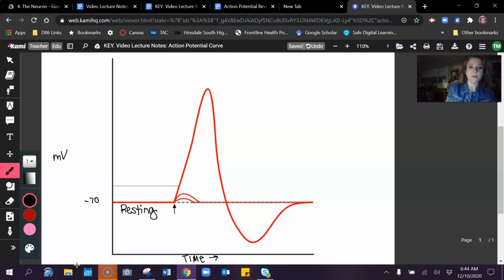You have sodium on the outside of the cell, and you have more potassium on the inside of the cell. So we have sodium ions out, and we have potassium ions in. The channels at the resting phase are closed.